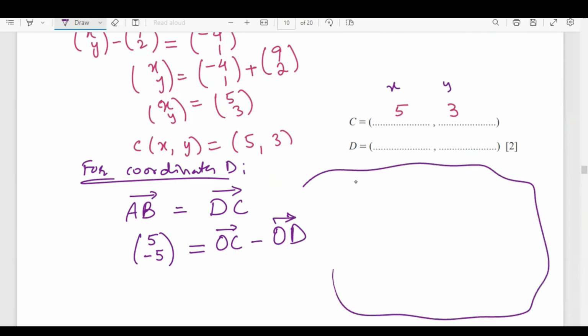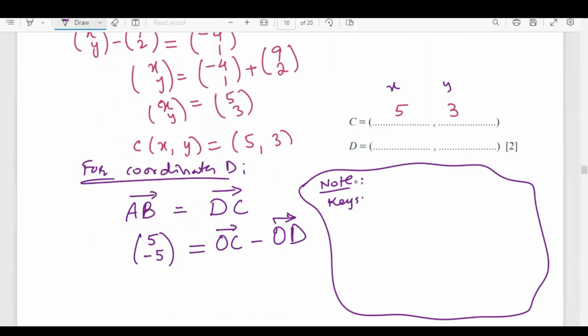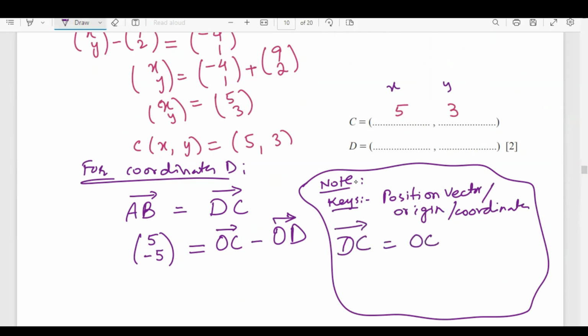So you have to remember the note. When there is a keyword like position vectors, origin, or coordinate, if you have to write the vector DC, you can write OC minus OD.